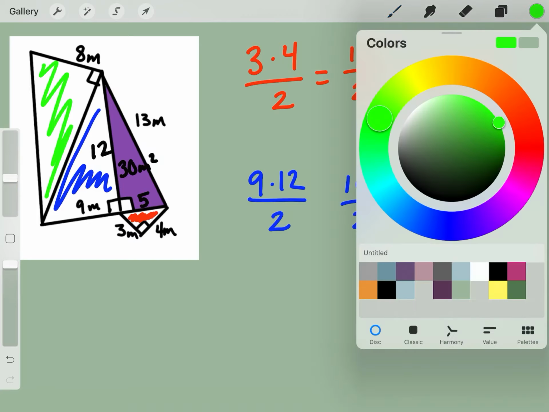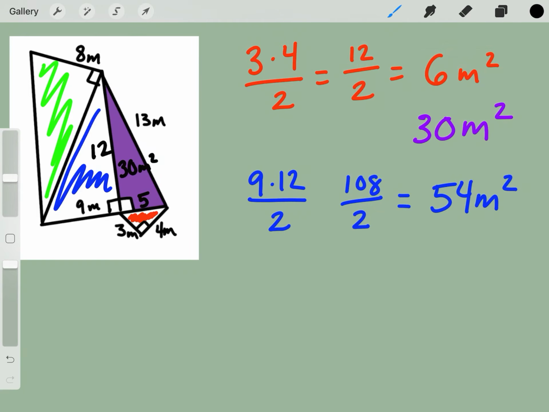In the blue triangle, we know that the two legs are 9 and 12, so I can use 9 squared plus 12 squared equals c squared. 9 squared is 81, plus 12 squared is 144. 81 plus 144 is 225.